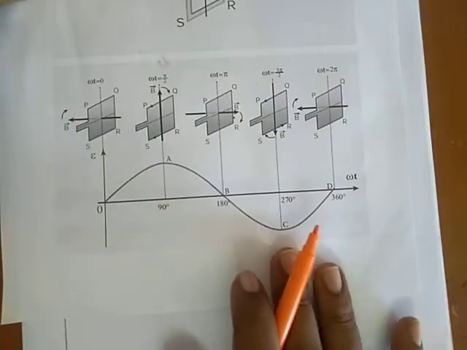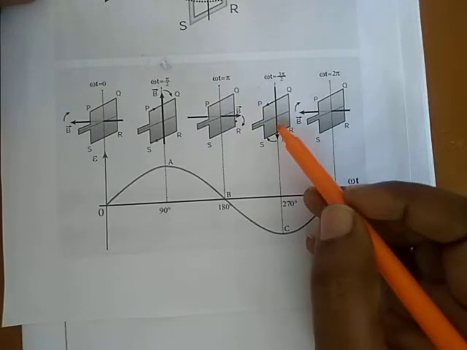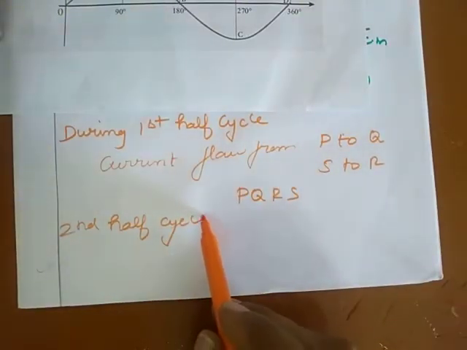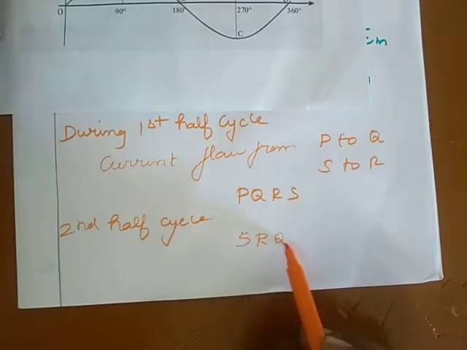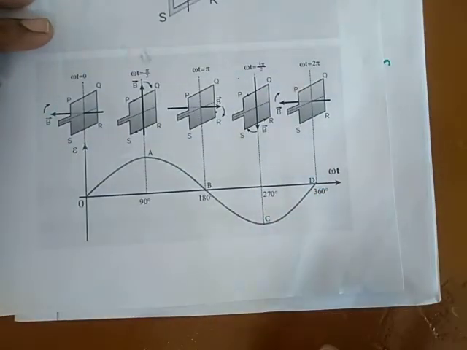In the second half cycle, applying Fleming's right hand rule, the current flows from S R Q P.